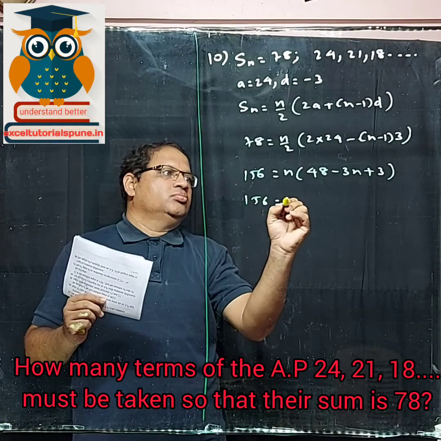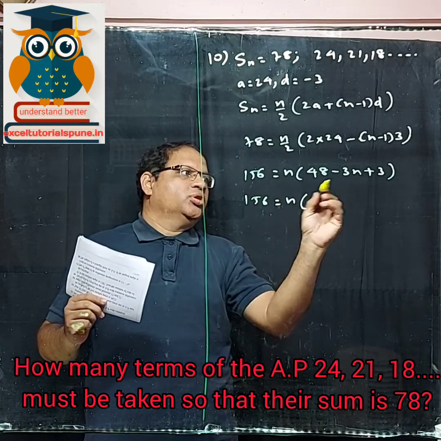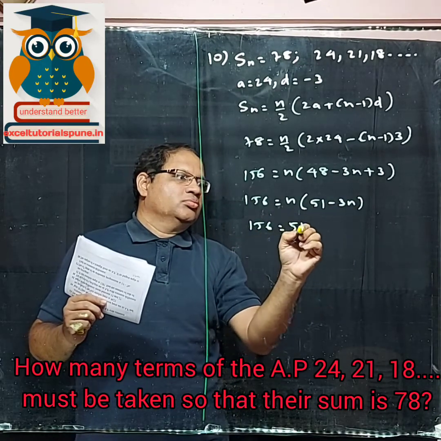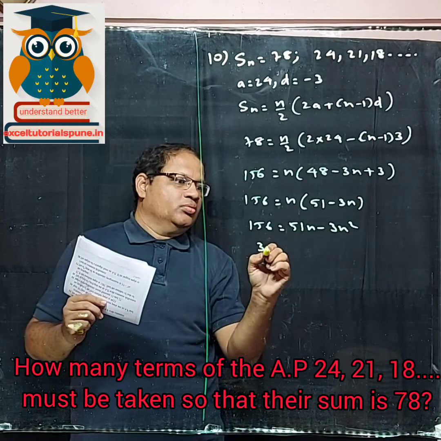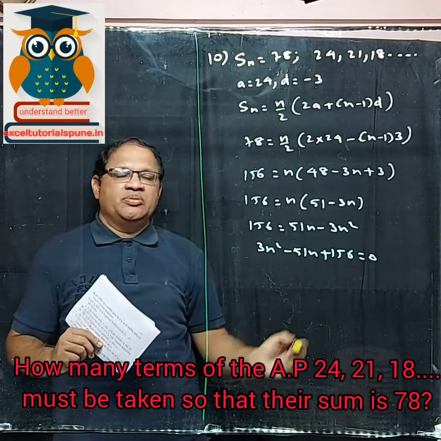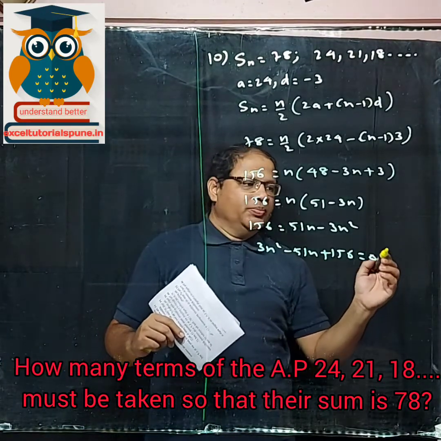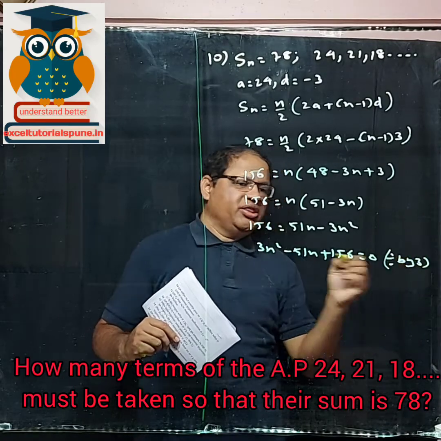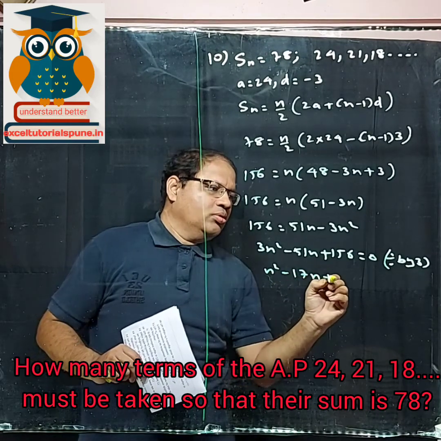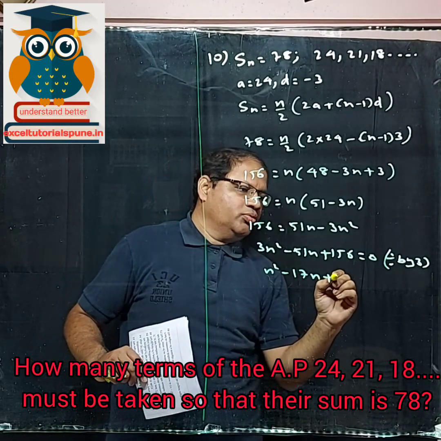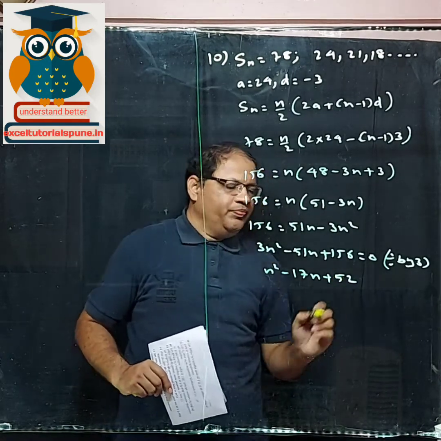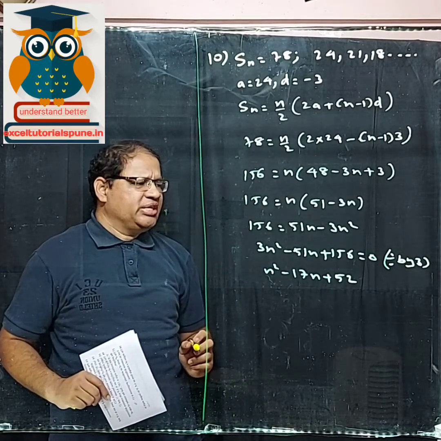Now all these terms can be divided by 3. So if it's divisible by 3, divide it. It's a quadratic equation. So product is 52, sum is 17.